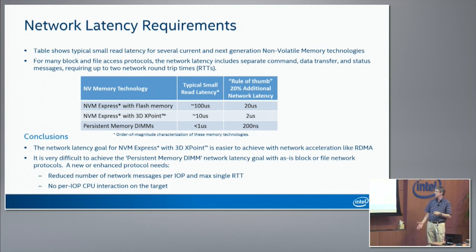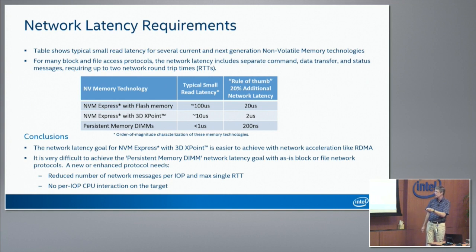So our conclusions from this is that when we start to get to NVM Express with 3D crosspoint, we really need some kind of network acceleration to start to hit these kinds of latencies. And then we're going to have to pull off every trick we can think of to try to get close to achieving this number. And I list some of the ideas here that we have.